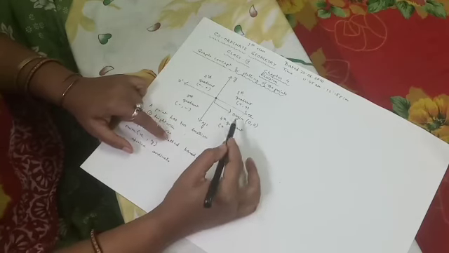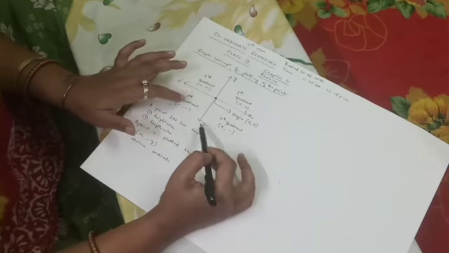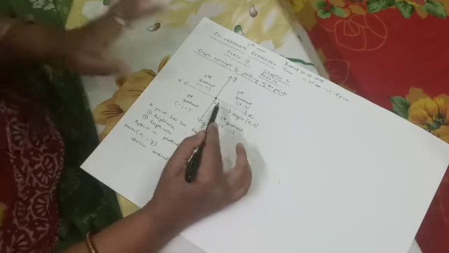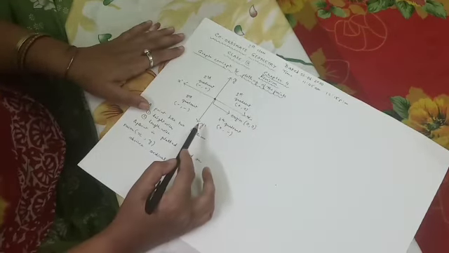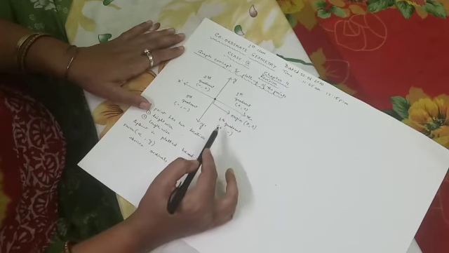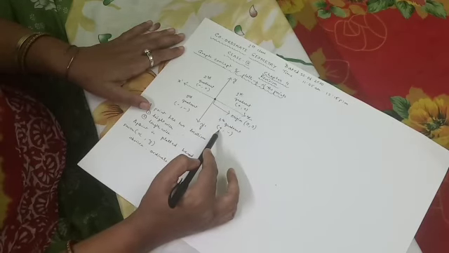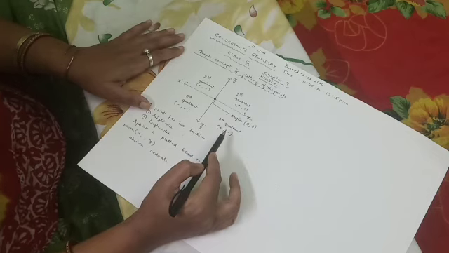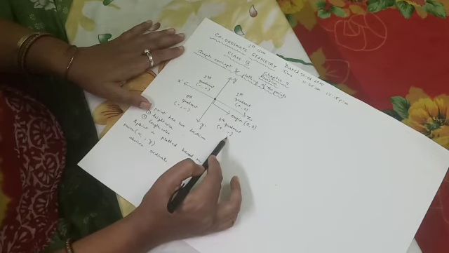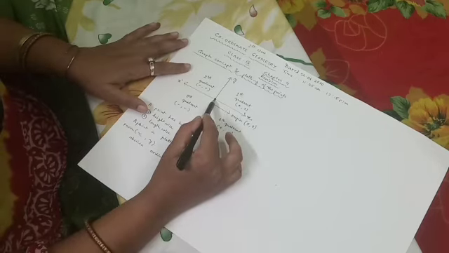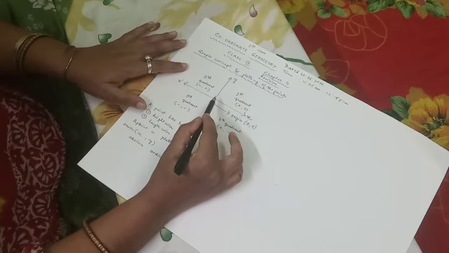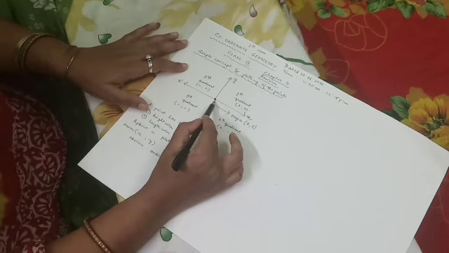In this, look at the picture very carefully. Your x is positive, your y is negative. So your abscissa, that is the value of x, will be positive, and your ordinate, that is the value of y, will be what? Negative. Very good.